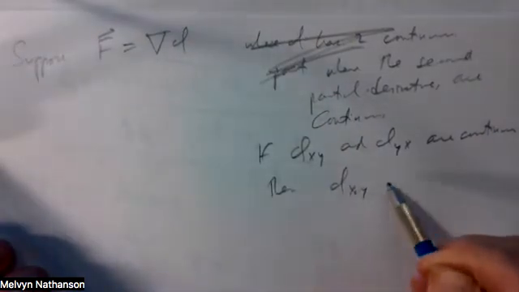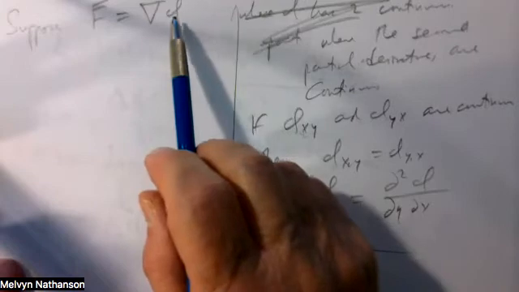Or another way of saying that is the second partial of phi with respect to x and then y is the same as the second partial of phi with respect to y and then x.